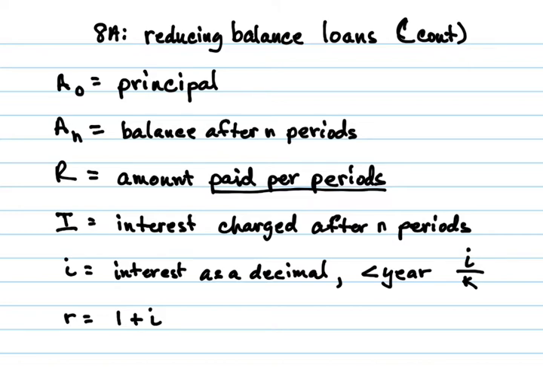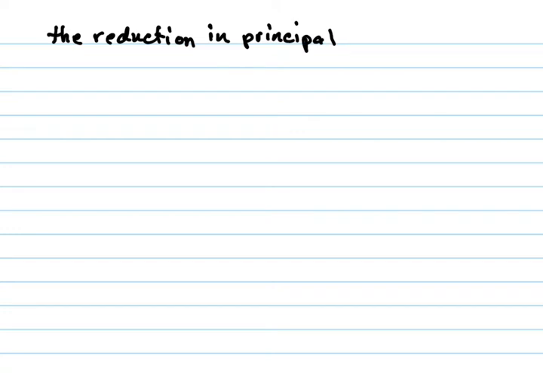All right. Well, today what we want to do is we're going to talk about a formula for finding the amount of interest for a loan. Okay? So let's talk about the pieces. The reduction in principal after n periods, right?